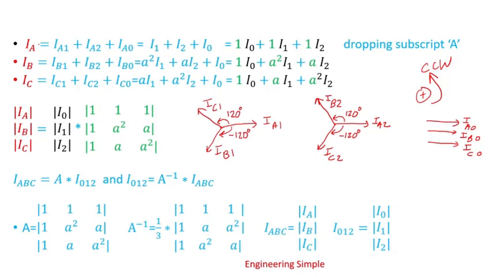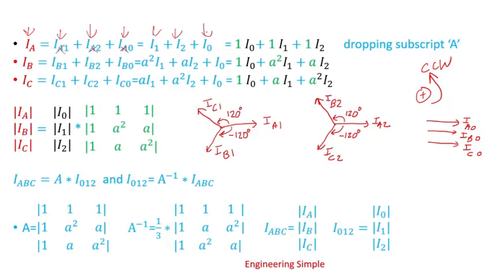So in general, you can write the current of phase A is equal to the positive sequence current of phase A plus the negative sequence current of A plus the 0 sequence current of A. Engineers are typically lazy. They don't like too many subscripts. They will just drop the subscript A. Then you just see I1, I2, I0.